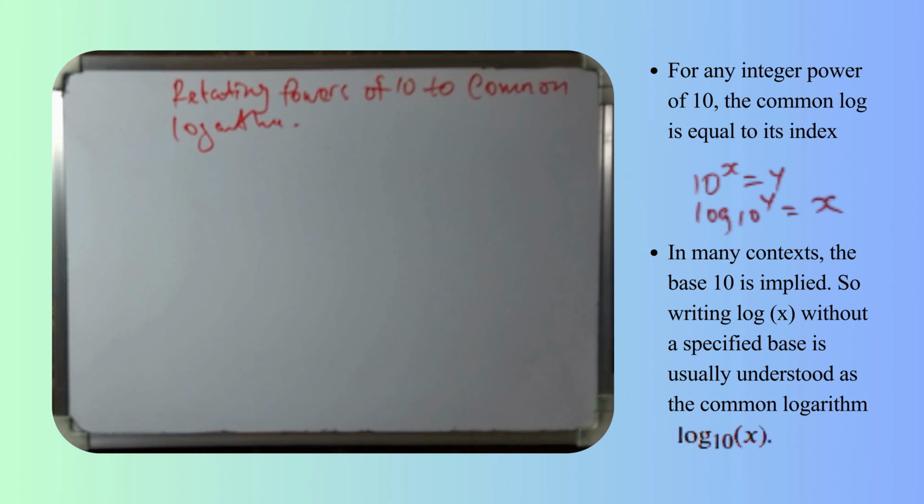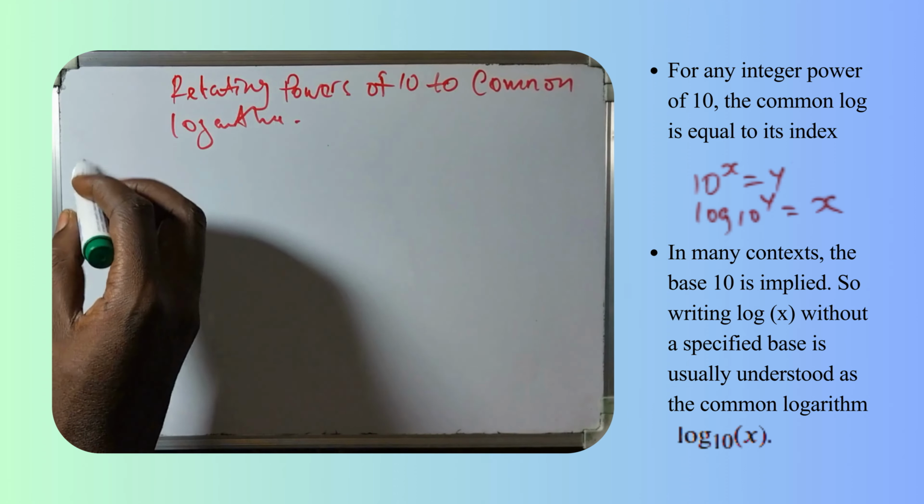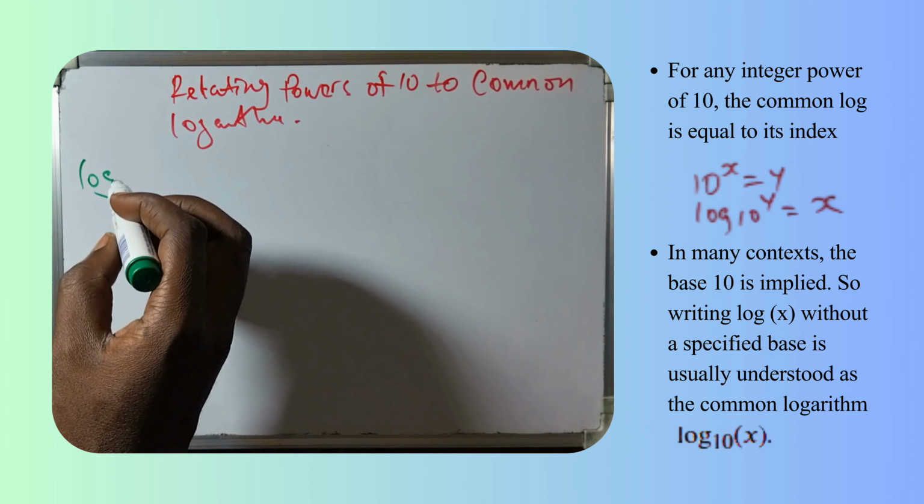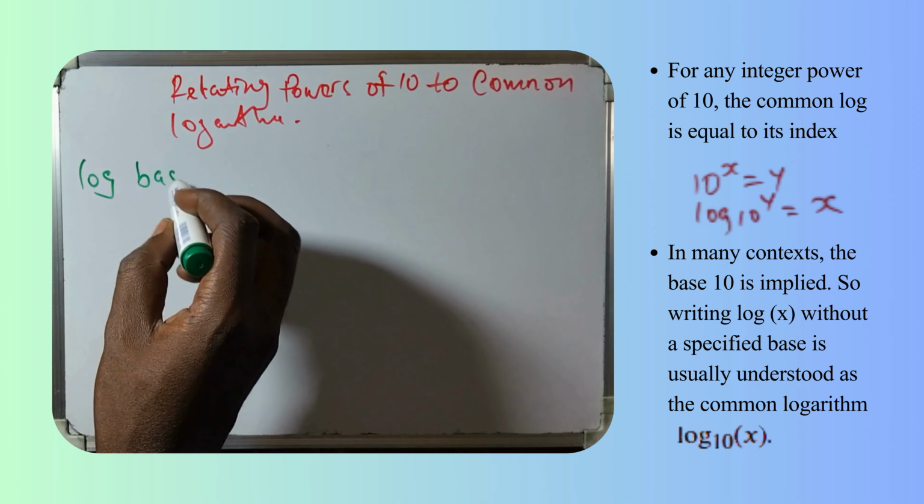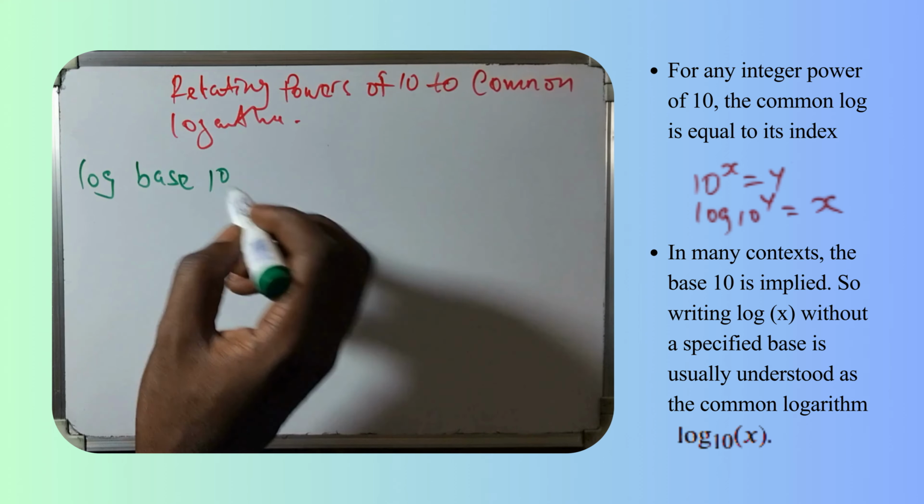We should first note that a common logarithm is essentially the power to which 10 must be raised to get a specific number. That's a common logarithm. A common logarithm is log base 10.